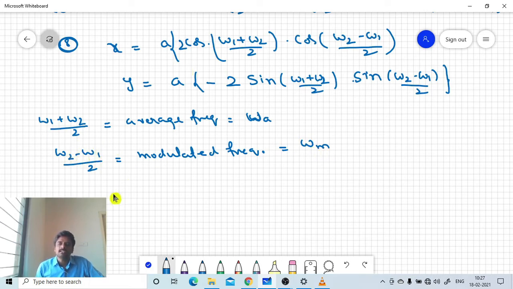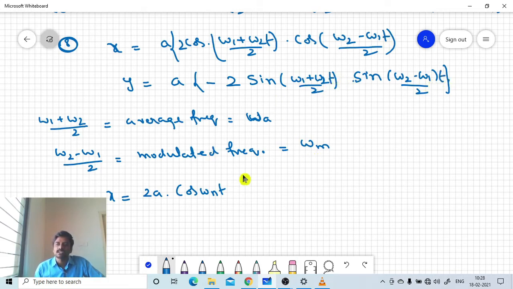Now I can write the solution. x is equal to 2a, with 2a outside, cos of omega m into t. Oh sorry, we need to include t, here also t is there.